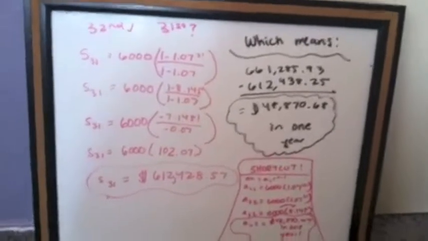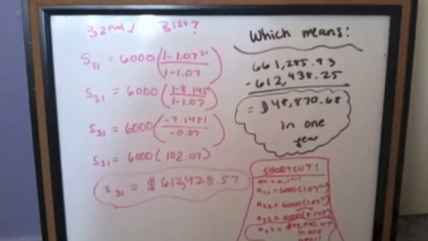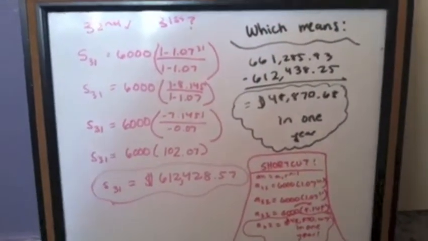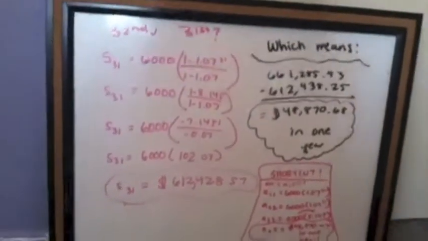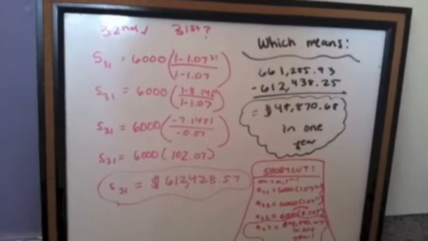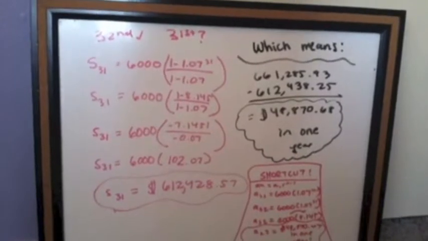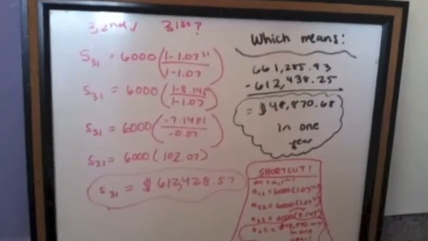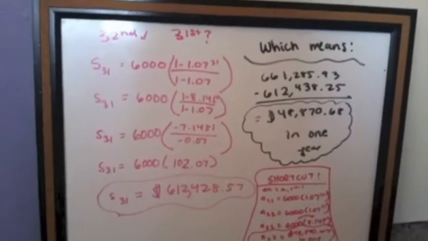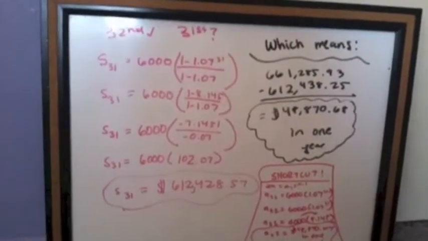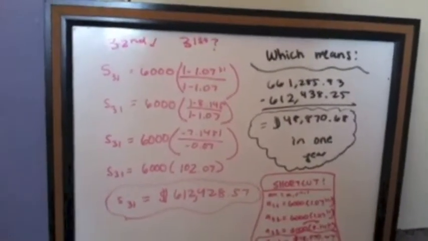Okay, so we already figured out what the 32nd year is. Now we're trying to find what the 31st year is. So we're basically trying to find how much money we actually made in 1 year. So we take the geometric series formula to do this, and we'd plug in all the numbers we got from the last equation. Instead of it being 32, it's just 31.